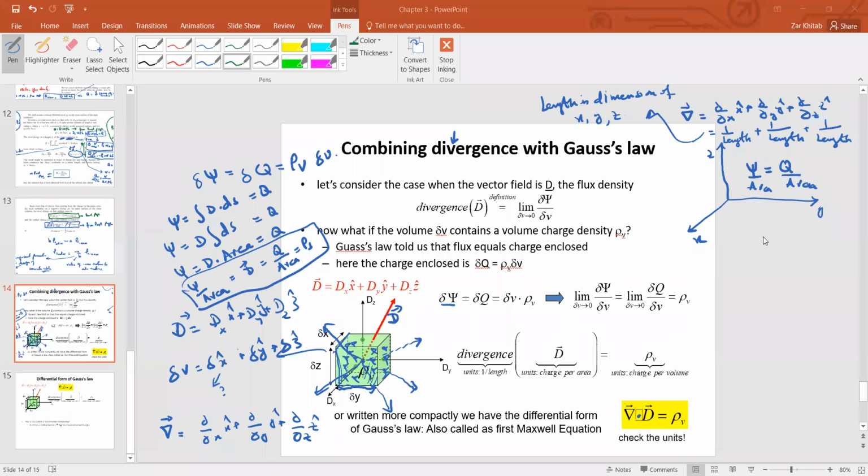Okay. So the Gauss law was put in the space, and the space is represented by the del operator to look for the changes.